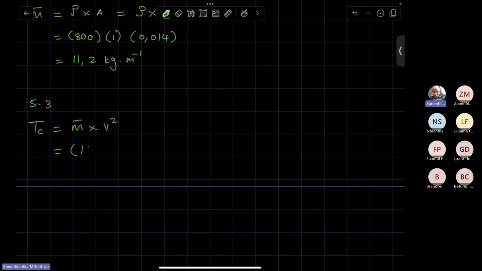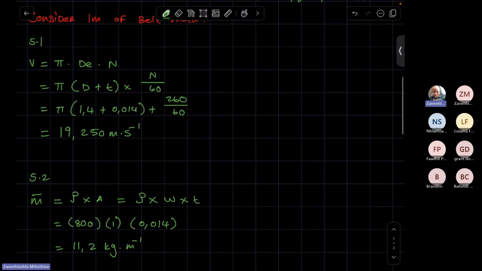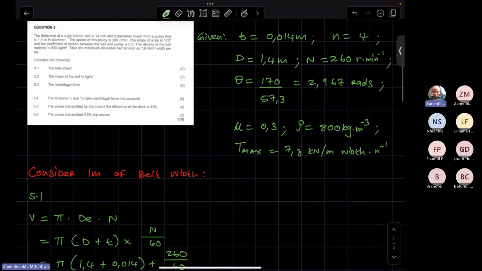The mass is 11,2, v is 19,250 squared. And this should give you your centrifugal tension. So punching this in your calculators, we get 4150,3 newtons. Pretty straightforward.